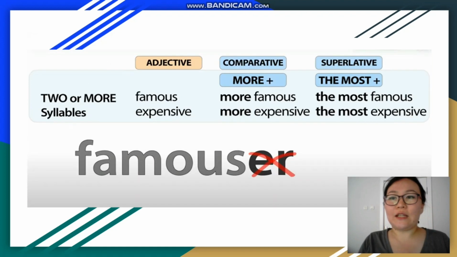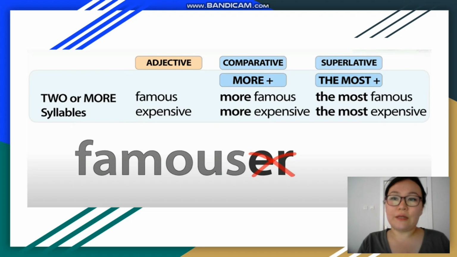Next, when an adjective has two or more syllables, we don't add er or est to the end of it. For example, famous. The adjective famous has two syllables, so we can't say famouser. No, it doesn't exist.